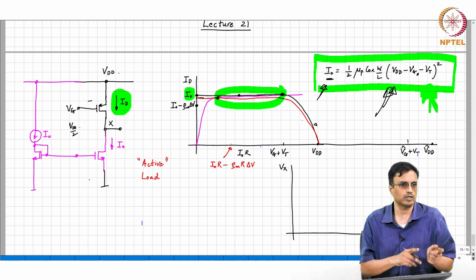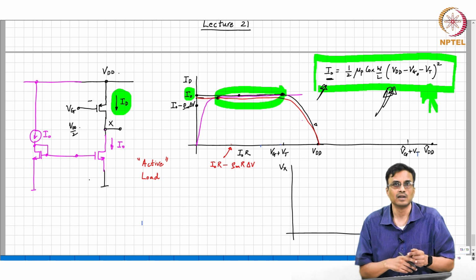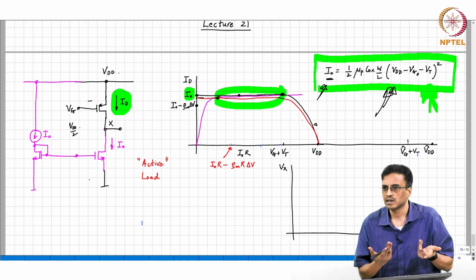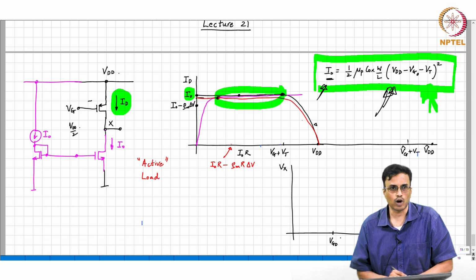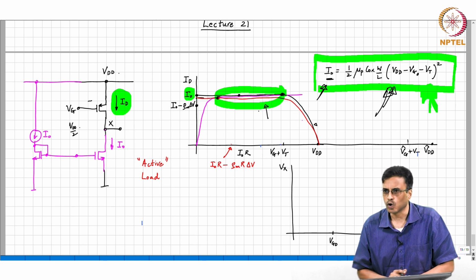If the PMOS has to be in saturation, what must be its gate voltage? Vg naught. When the gate voltage is Vg naught, what comment can you make? Both the transistors are operating in saturation. What comment can you make about the incremental gain? Therefore, the incremental gain is very high. Is that clear or no?